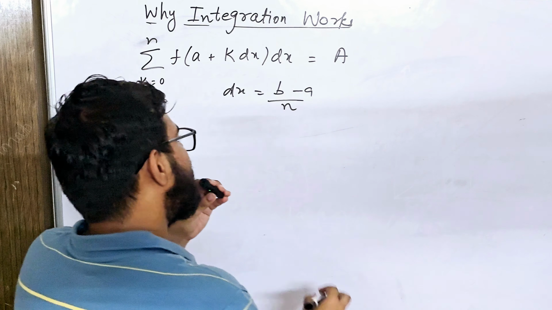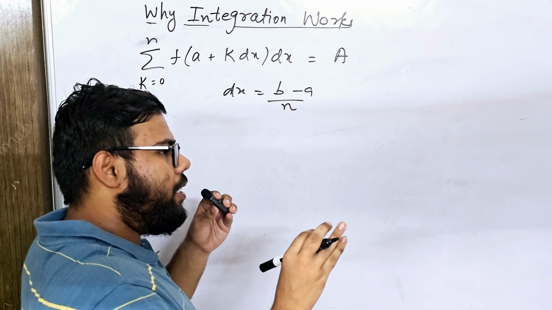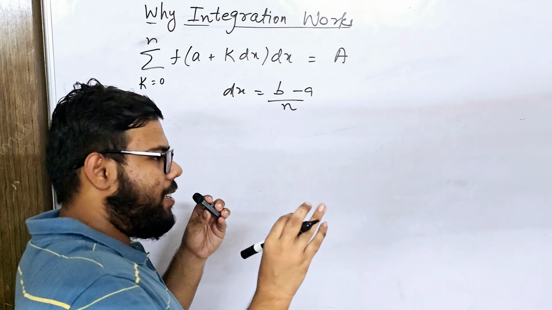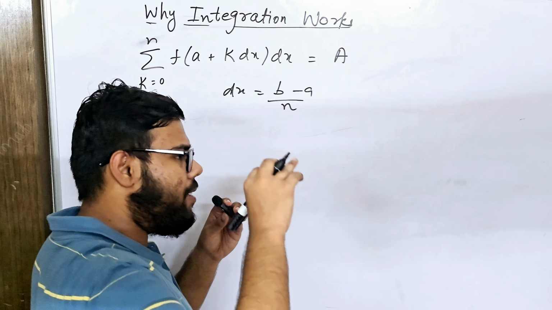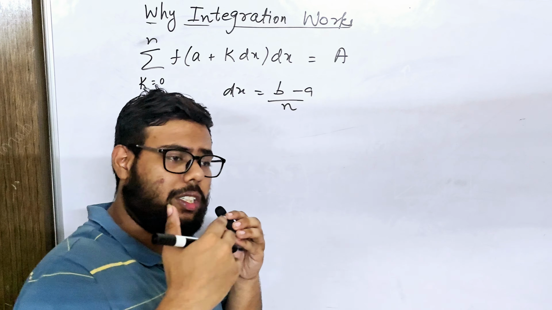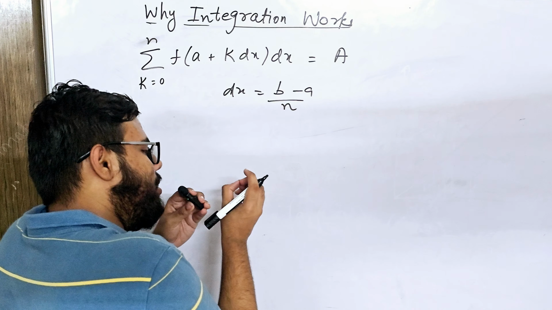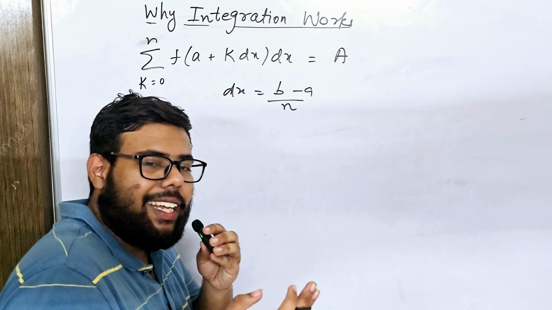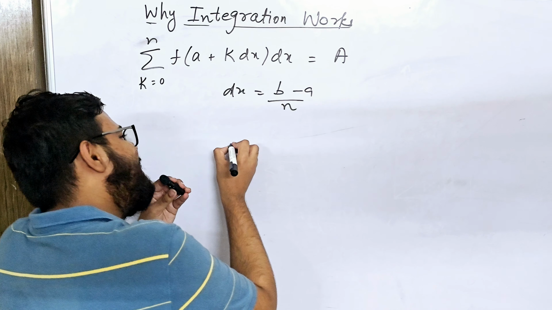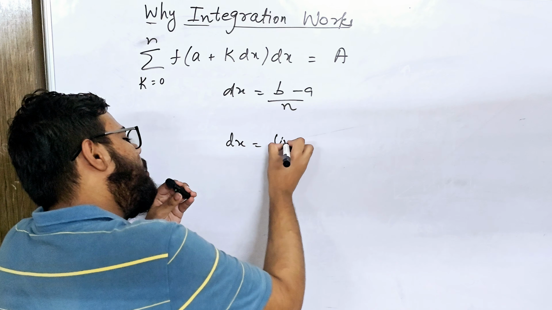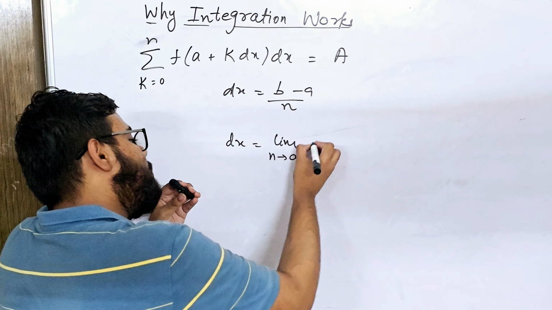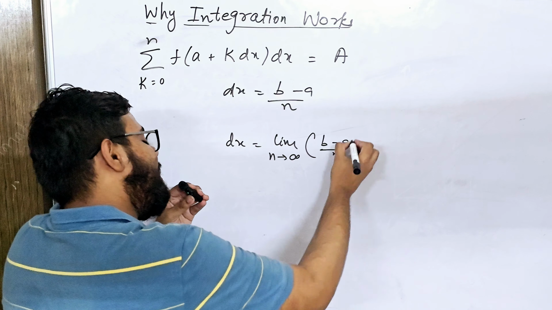We want the most accurate value of the region, so we should draw infinite rectangles. So dx is basically the limit as n tends towards infinity of the quantity b minus a by n.